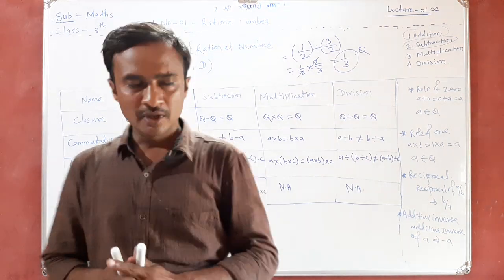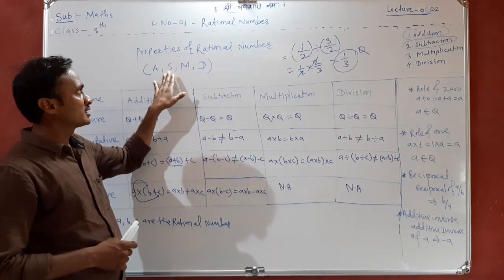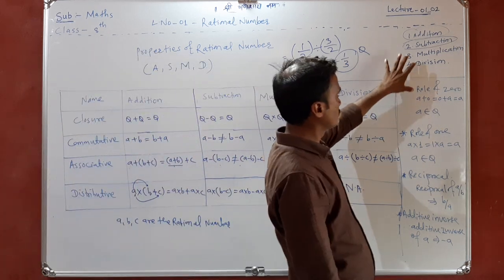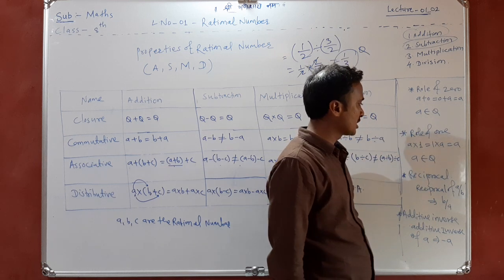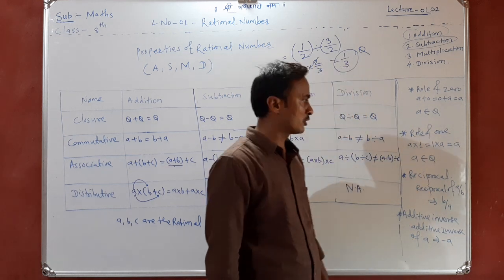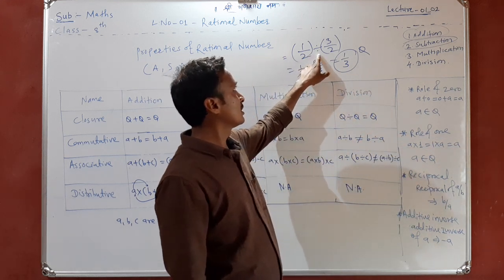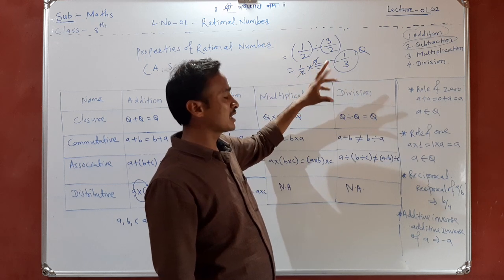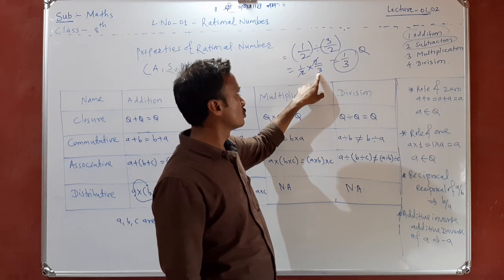Now these all are in the table. This table indicates the properties of rational numbers for addition, subtraction, multiplication and division. Now the remaining properties, 1, 2, 3, 4, extra properties are there. Those properties are also important. Why are those properties important? Let us see. While doing division, I have to take the reciprocal, meaning the numerator goes to the denominator and the denominator goes to the numerator.